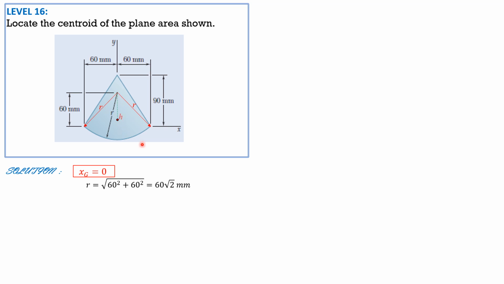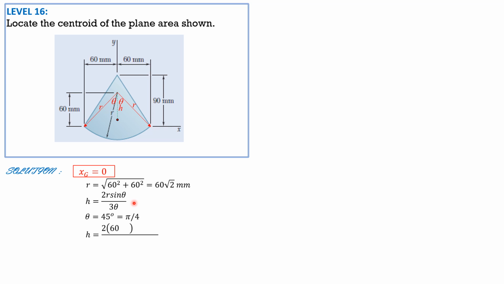Let's call that H, and take note that H is 2R sine theta over 3 theta in general, where theta is half of this entire bisected angle, since the horizontal and vertical legs of this triangle are equal. So theta here is 45 degrees, or pi over 4 radians.